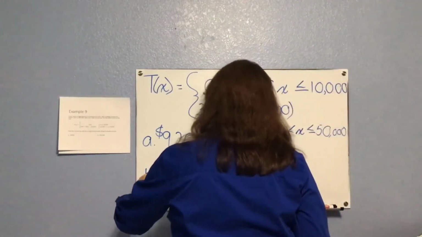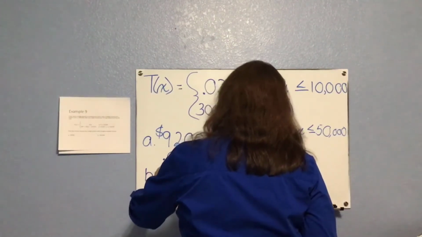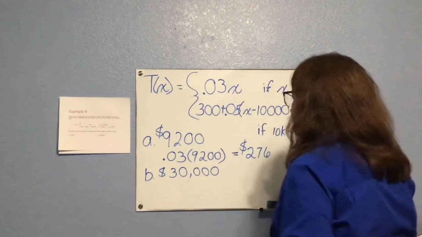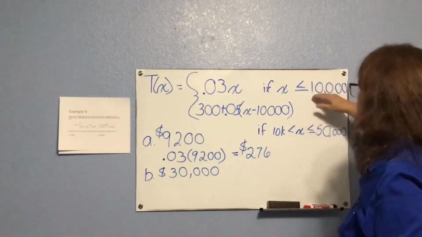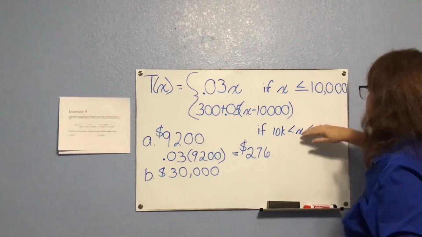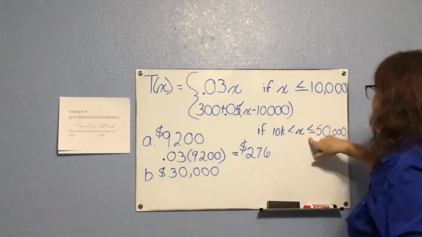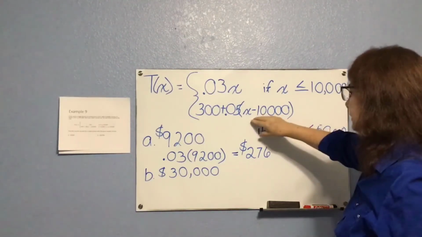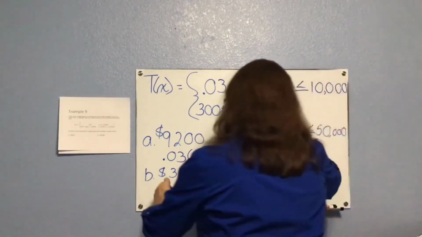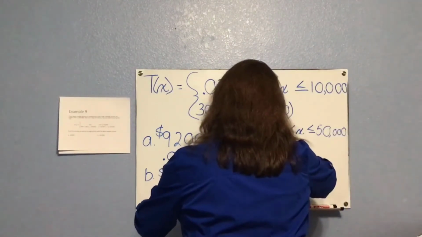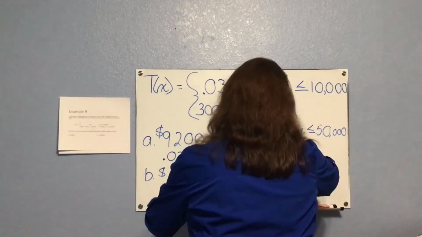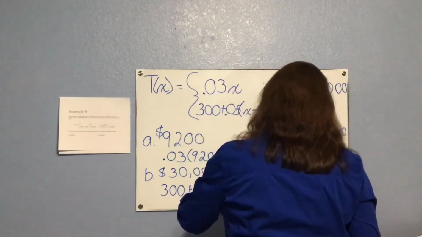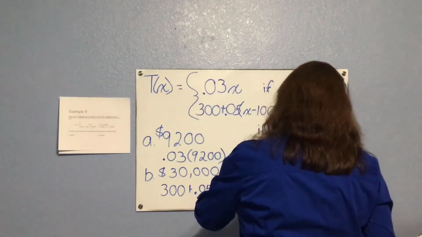Okay, in part B, what if my income was $30,000? Again, I look at the rules first, and this is the rule that applies. I'm in between $10,000 and $50,000. So I'll be using this rule. So it's 300 plus 0.05 times x minus 10,000.